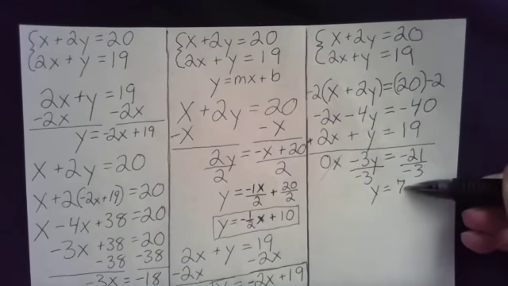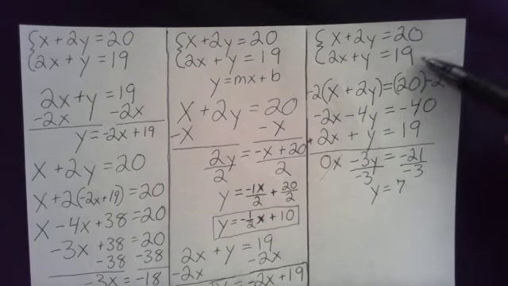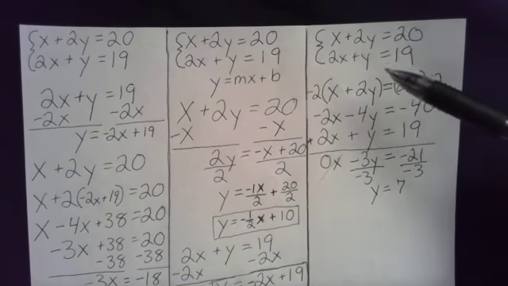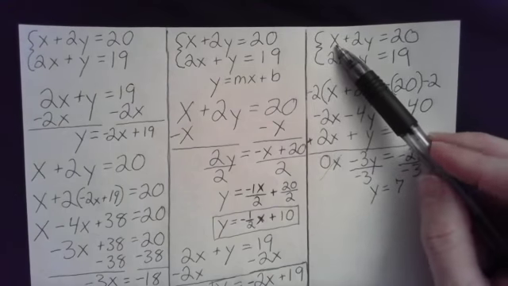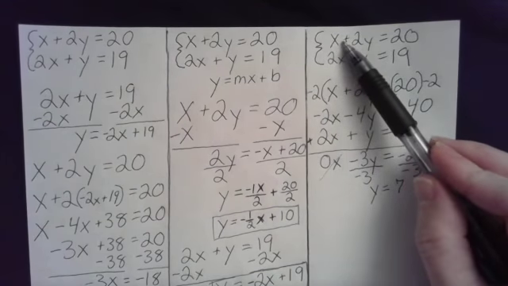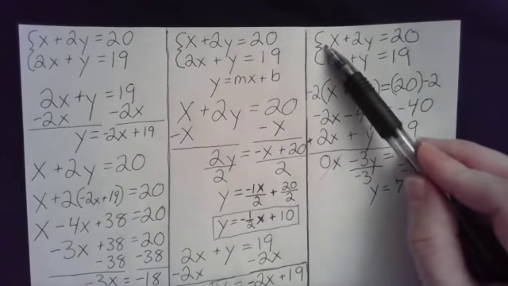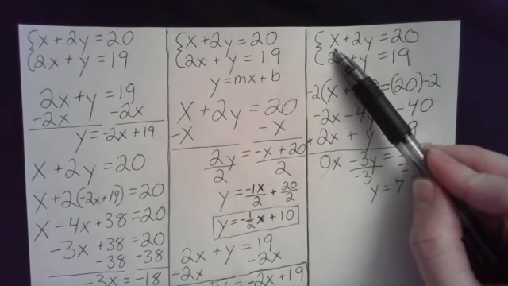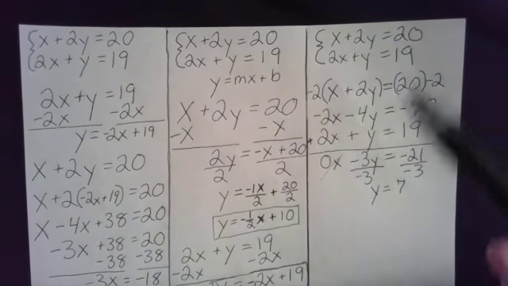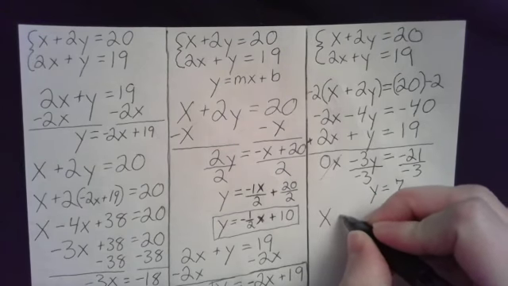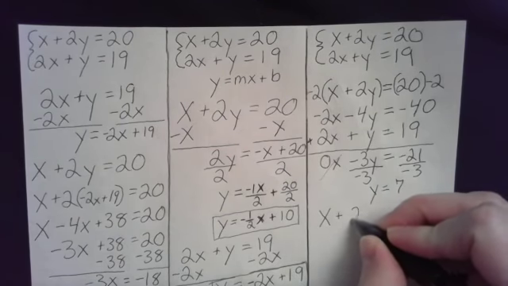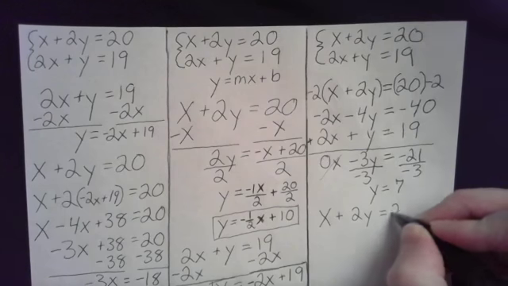Using this, I'm going to put it back up into one of the two equations and then solve for x. I'm going to choose this first one because this first one has a coefficient of 1 on x, so it's just going to require less work in the end, but you could choose either of those. I'm going to rewrite my first equation. X plus 2y equals 20.